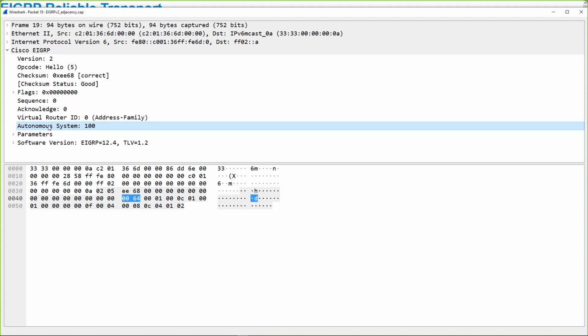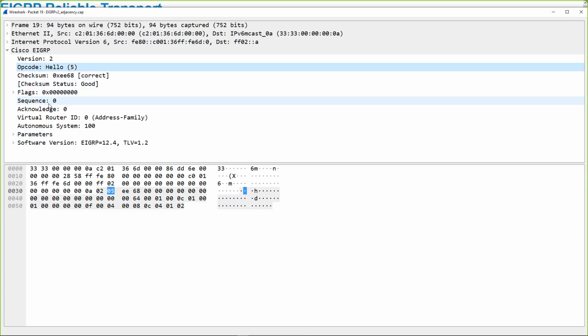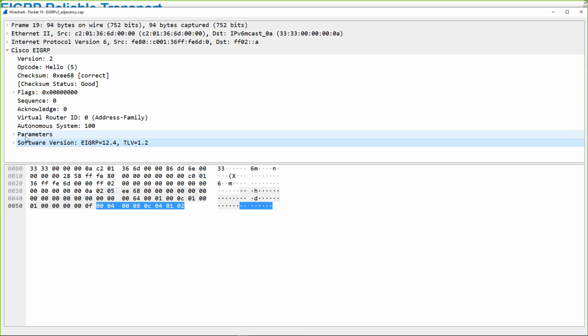All those fields that I just highlighted are part of the EIGRP packet header. It's a standard set of fields that is included in every single EIGRP packet type. What follows that is the actual payload information. In this particular case, this is a hello packet, and this is the payload for the hello packet.